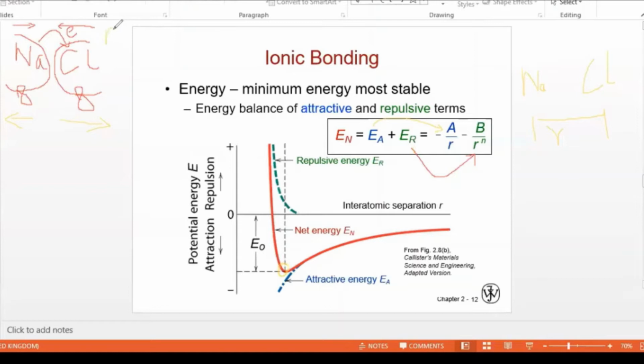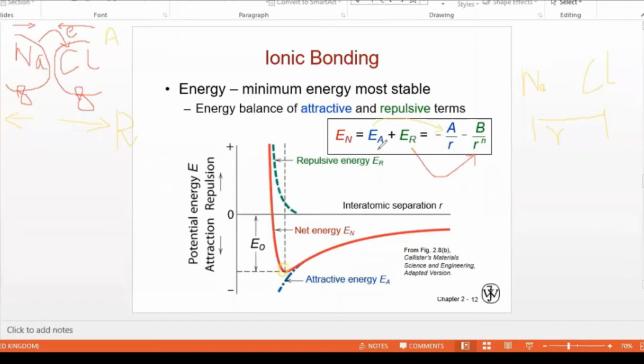So here we have the attraction energy, and here we have the repulsion energy. Once this attraction and repulsion is over, we will have the net energy, that is the total energy. What I have shown in this blue dotted line is the attractive energy, which can be denoted by EA.